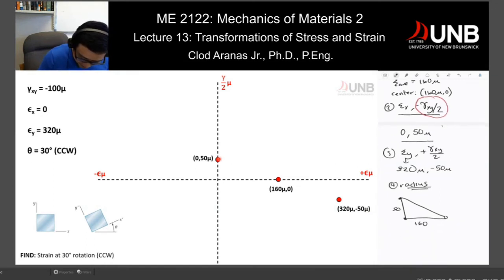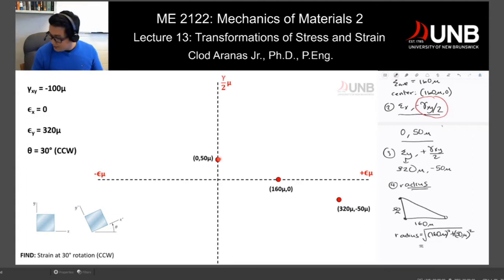that's 160. Now I can determine what would be my radius, and my radius is equal to the square root of 160, and take note, you have times 10 raised to negative 6 right there, squared plus 50 squared, and that would give you a value of 167.63.